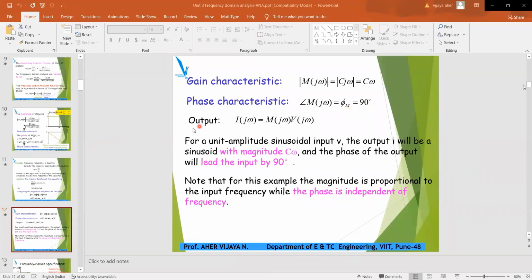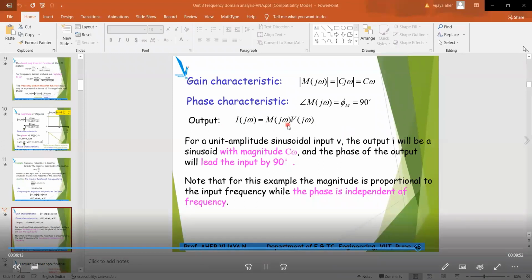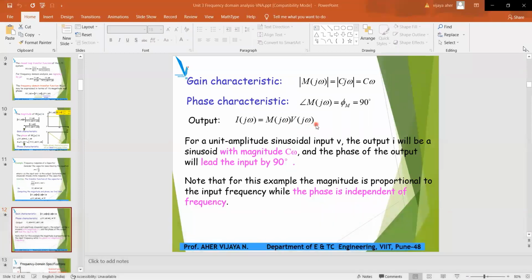Okay. Now output Ij omega is equal to Mj omega into Vj omega. Mj omega is nothing but transfer function. Vj omega is nothing but your input signal. So output is equal to transfer function into input in frequency domain analysis.